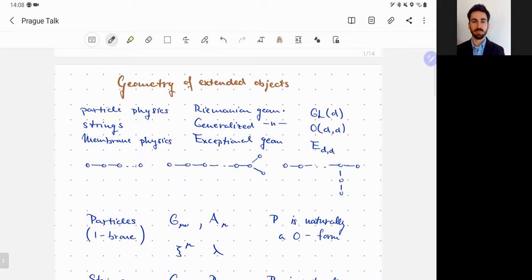And I also wrote down this GL(d) group behind, which will be the G structure of the principal bundle of the manifold, and along these lines, there are these generalizations. Strings see more general geometry as generalized geometry, and membranes see the exceptional geometry, and there are these extensions of the structure group to O(d,d) and E_d. Sorry, E_d, this is the split form.